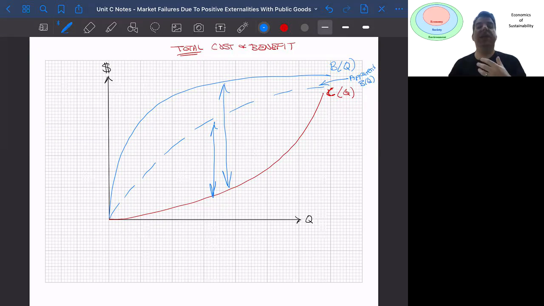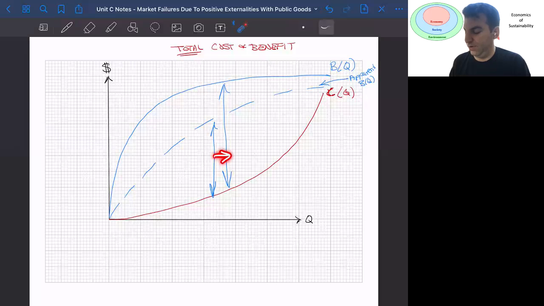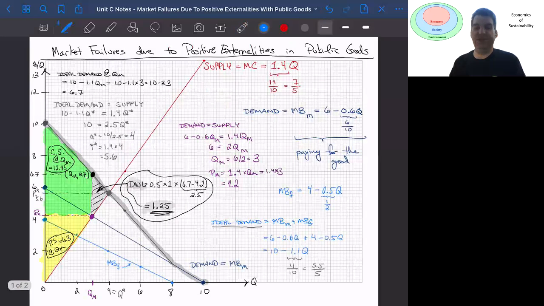Because if we make more, we'll end up getting more benefits to society than the costs that we accumulate. And that will end up shifting the equilibrium over from QM to Q star. And that is sort of what we're trying to capture over here in this more precise way.